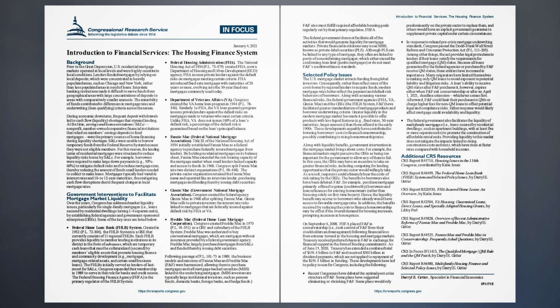Additional CRS Resources. CRS Report R45710, Housing Issues in the 116th Congress, coordinated by Katie Jones. CRS Report R46499, The Federal Home Loan Bank (FHLB) System and Selected Policy Issues, by Daryl E. Getter. CRS Report RS20530, FHA Insured Home Loans: An Overview, by Katie Jones. CRS Report R42504, VA Housing: Guaranteed Loans, Direct Loans, and Specially Adapted Housing Grants, by Libby Perl.